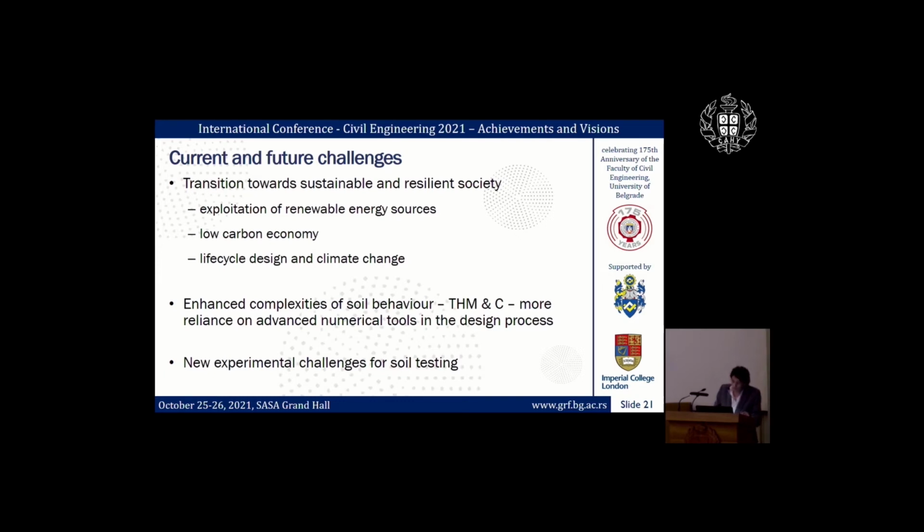And for that numerics to work and to be sensible, clearly the experimental challenges exist for experimentalists in the laboratory and in the field, because apart from mechanical loading that we have been testing so far, we need to apply thermal perturbations in our triaxial cells, hollow cylinders, and so on, to understand how the soil is going to respond to those changes.